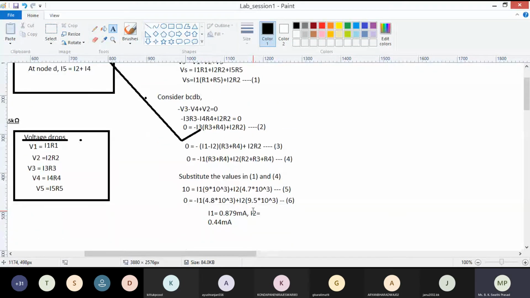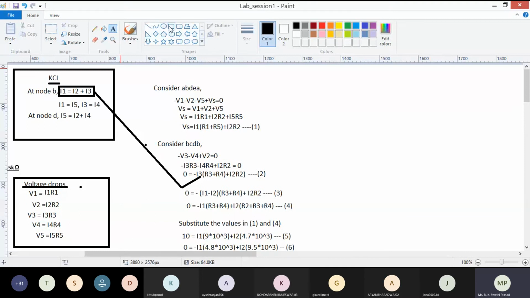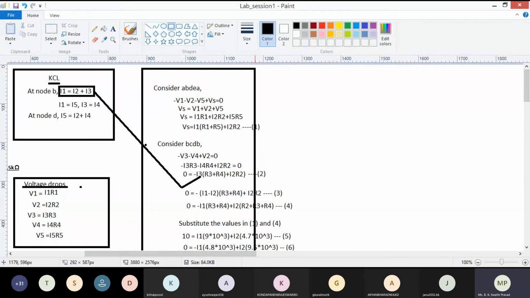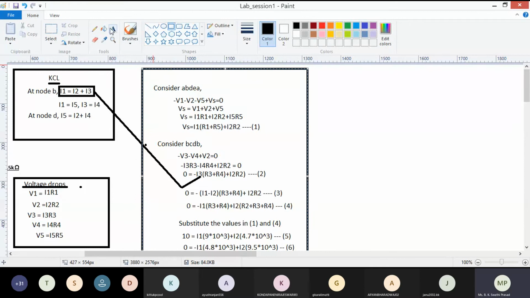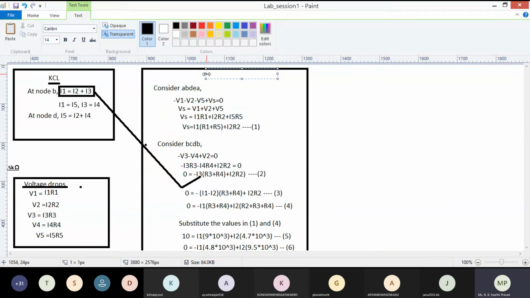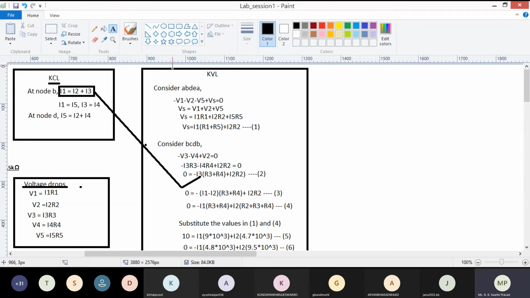Now whatever we did using what we calculated, this is the KVL, correct? Yes, ma'am.